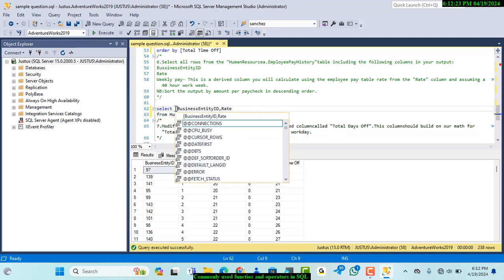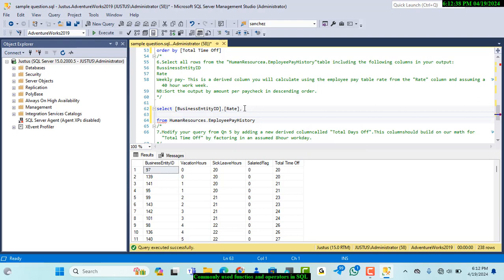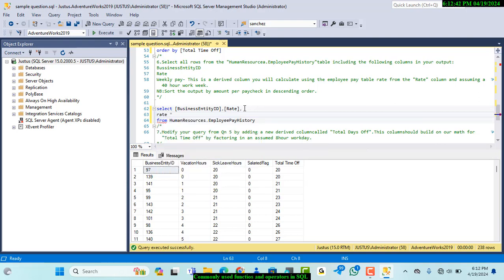So the business entity is here. To get the weekly pay, I'll multiply the rate per hour by the 40 so that I can get the weekly pay, as weekly pay.